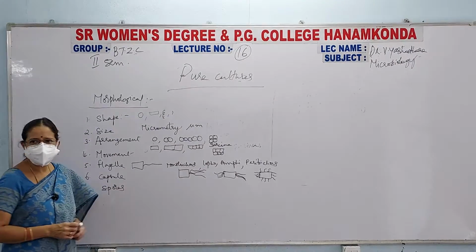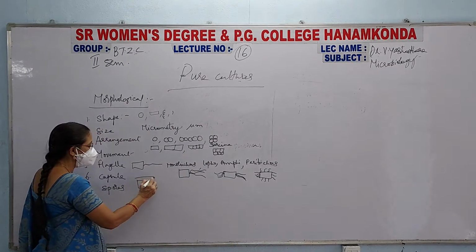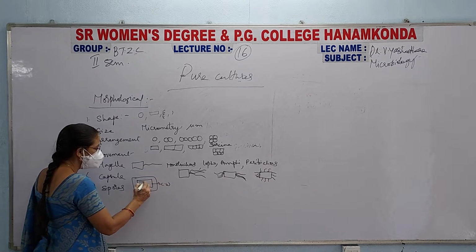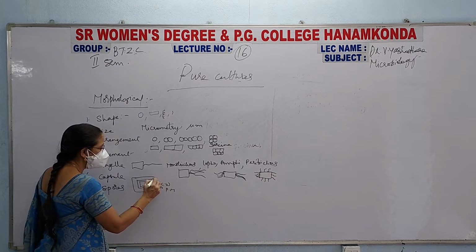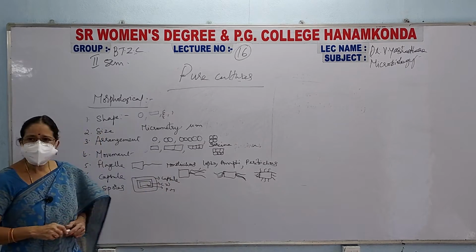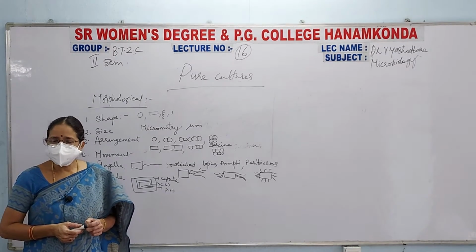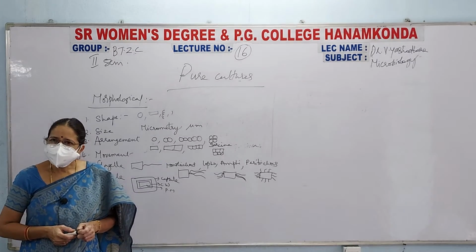Next, coming to the capsule, suppose this is your bacterial cell, whether the bacterial cell is surrounded by, this is your cell wall, this is your plasma membrane, and this is your capsule. So some bacteria have a capsule and some do not. Generally the capsulated bacteria are pathogenic.